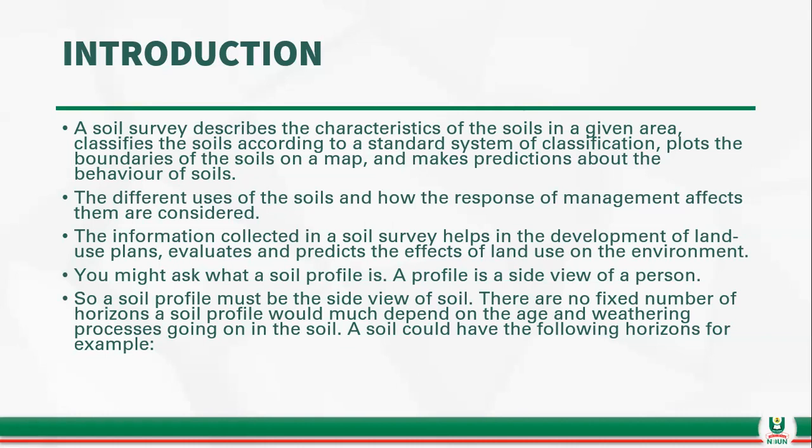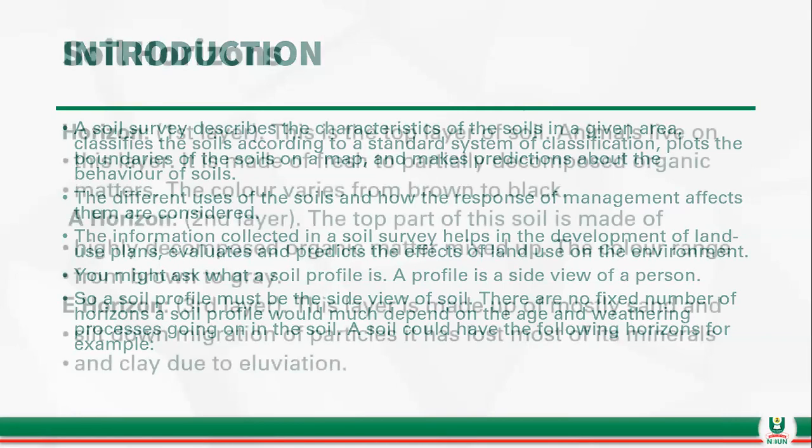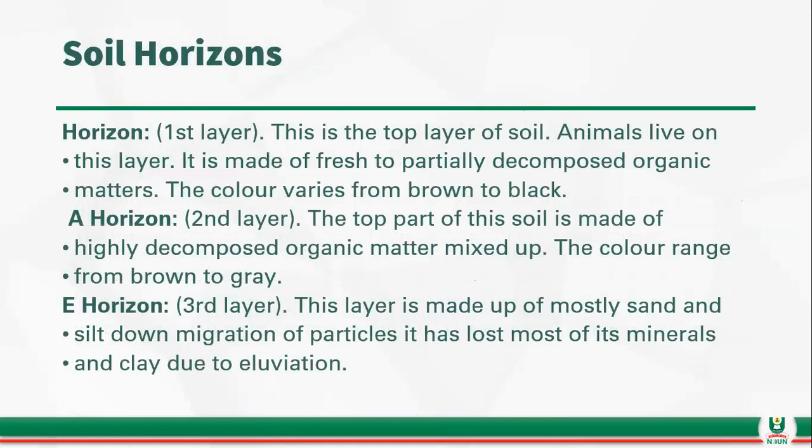So a soil would have the following horizons. For example, horizon O, the first layer, is the top layer of the soil.